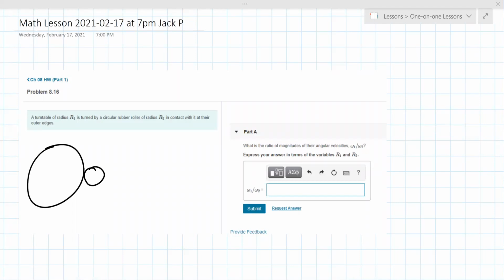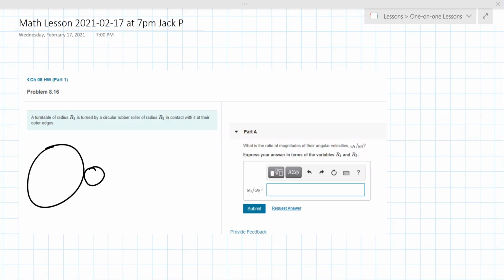So I'm just going to look up the solution and see if we can figure it out. Okay, so I found the problem here.